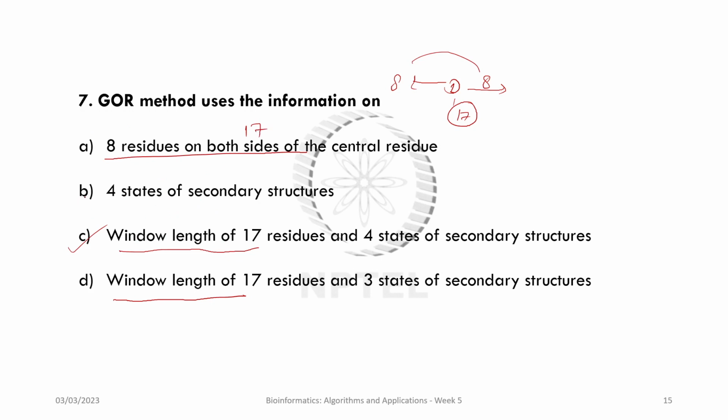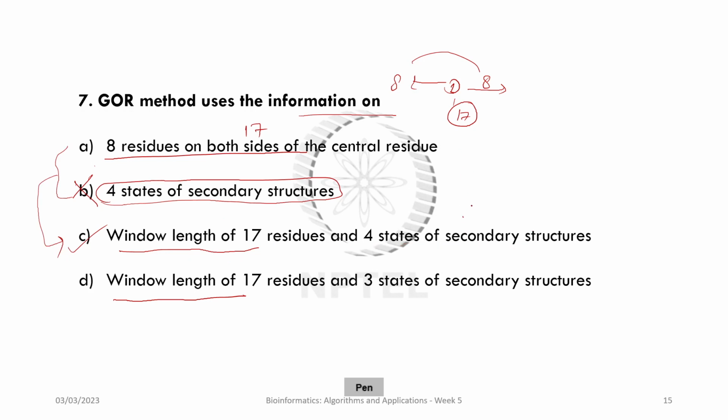The only option that does not talk about the 4 states of secondary structure is B, so you can outright eliminate B. But without B, A is incomplete. C is just the combination of A and B put together: window length of 17 residues and 4 states of secondary structure.